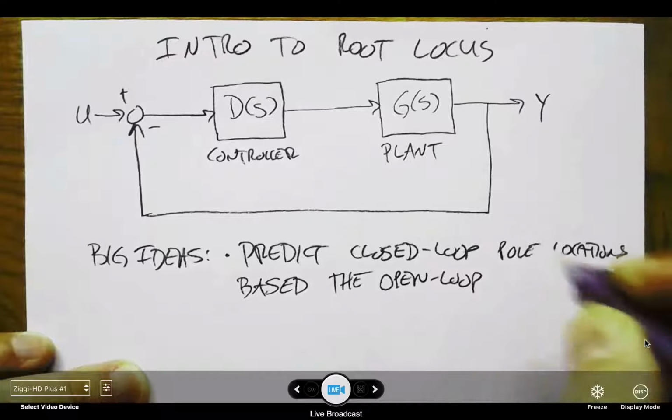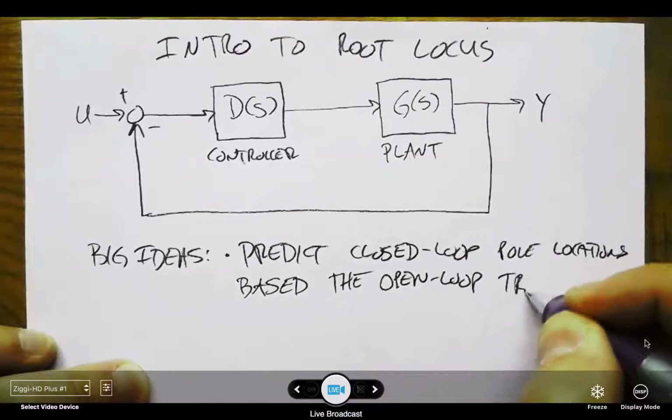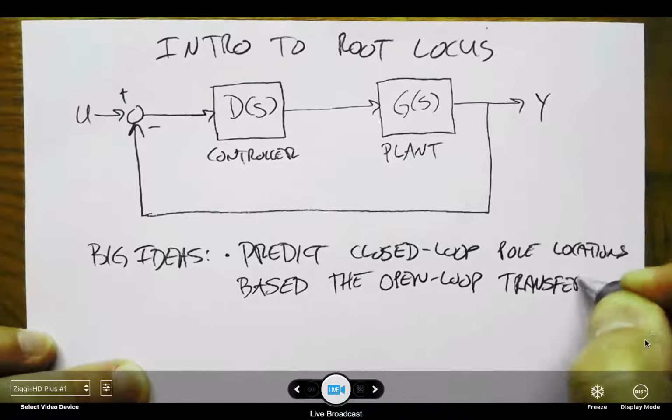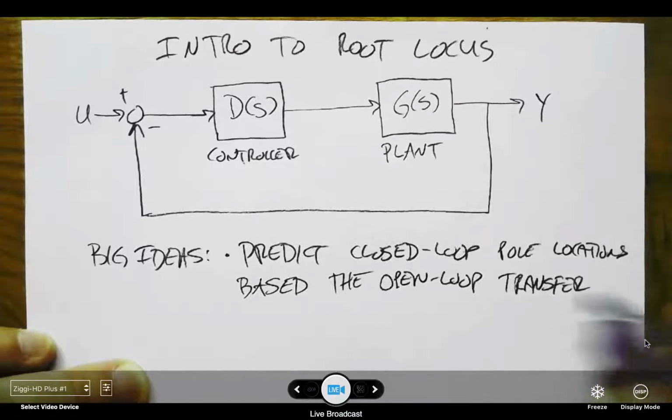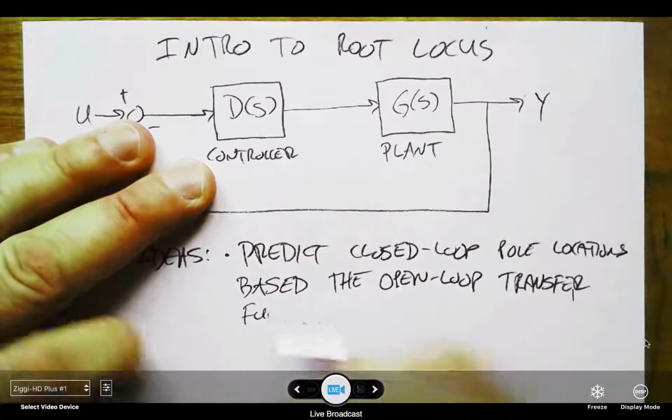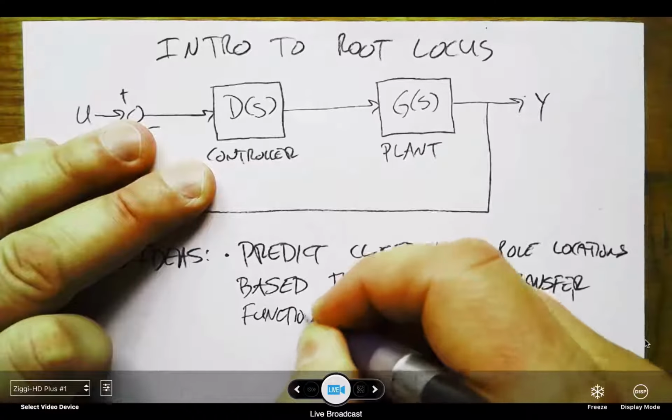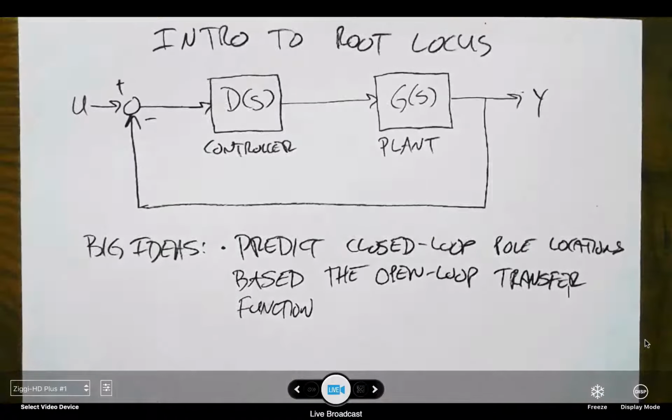The idea there is that we do not want to have to find the closed loop transfer function, especially in a symbolic form, if some gain k is supposed to be unknown. So how do we predict the closed loop pole locations based on the open loop transfer function?